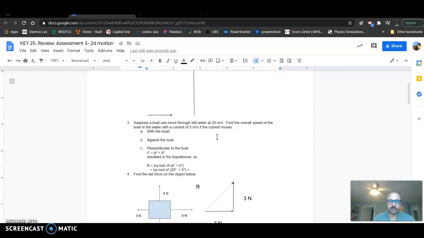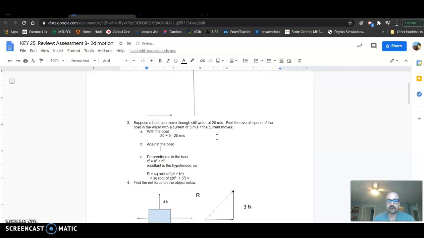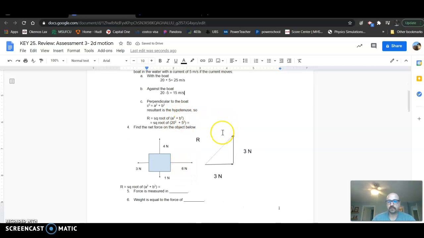So if the current is going with the boat, I would just do 20 plus 5, and the boat would be moving 25 meters per second. I'd add those vectors because they're in the same plane. If the current is going against the boat, I would do 20 minus 5, and the boat would be going 15 meters per second.